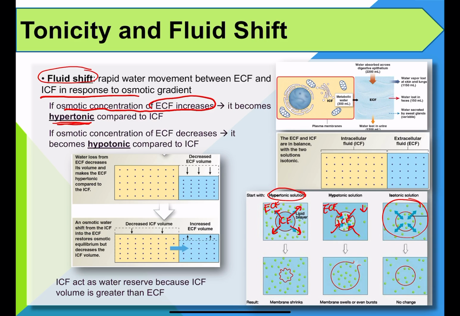So in a sense, your ICF acts like a water reserve to balance any ECF changes due to dietary gains or loss. If ECF decreases in volume or fluid content, your ICF will always try to compensate by moving water towards the ECF to balance the osmotic concentration.